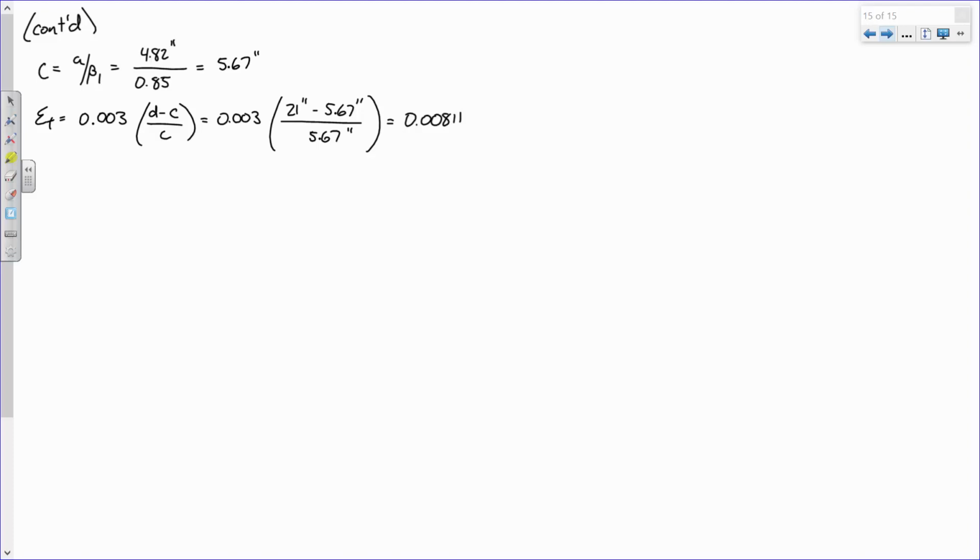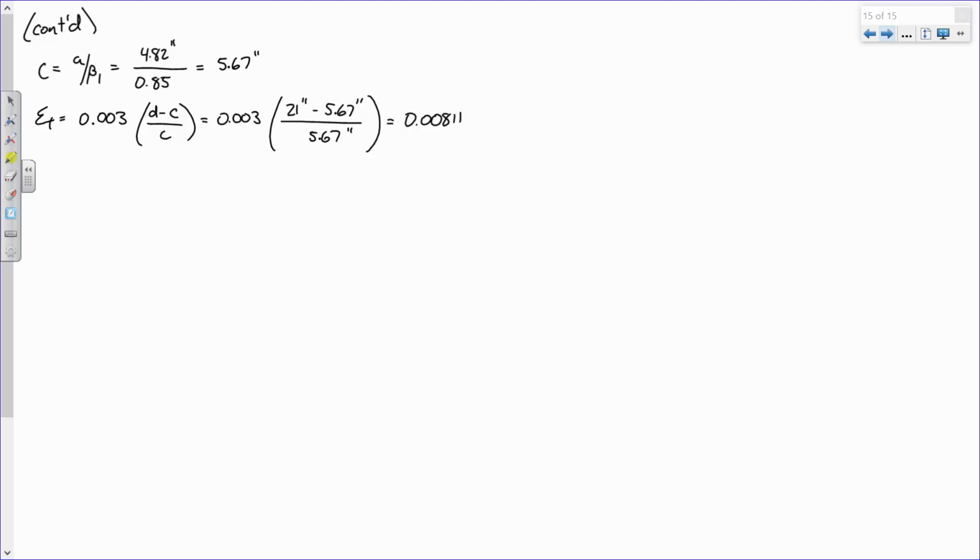Okay. Now, what we do is we take our strain value and we compare that against some limiting strain value. Does anybody remember what the limit is? The strain at yielding plus 0.003. And how do we compute that? Fy over Es.